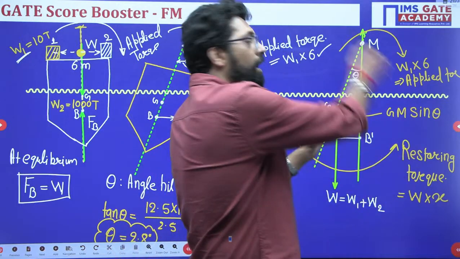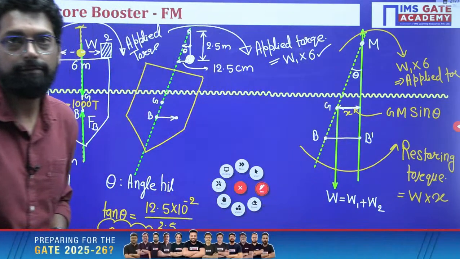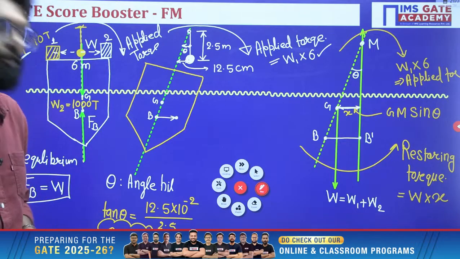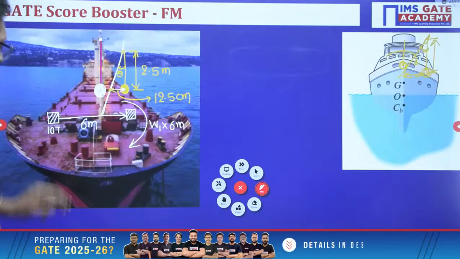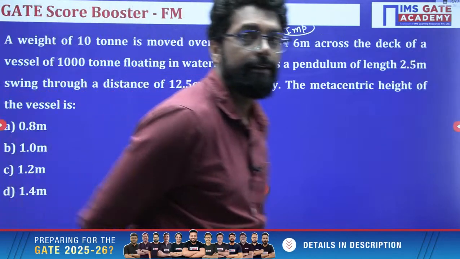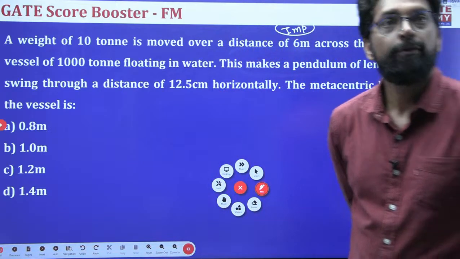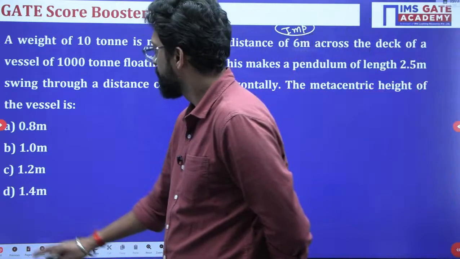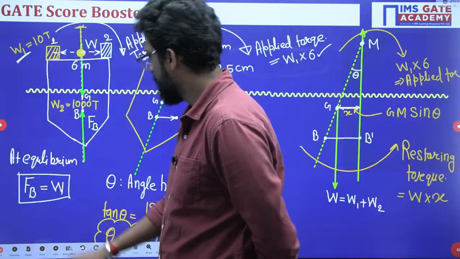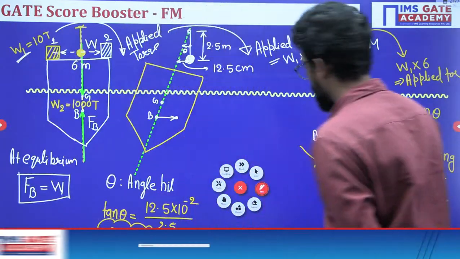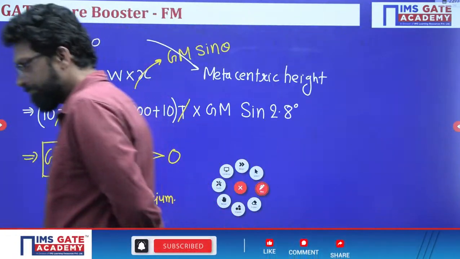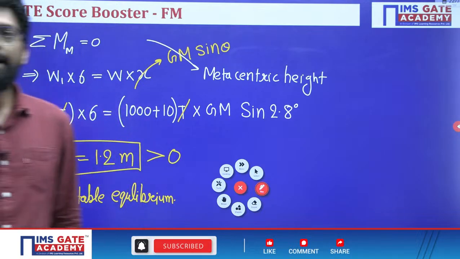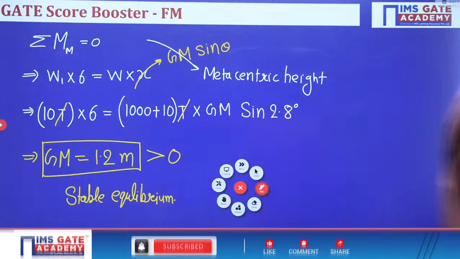That's why the ship again returns to its normal position. Is this question clear? This is a new question, and that is the concept of all the things. Now we will discuss the next problem.